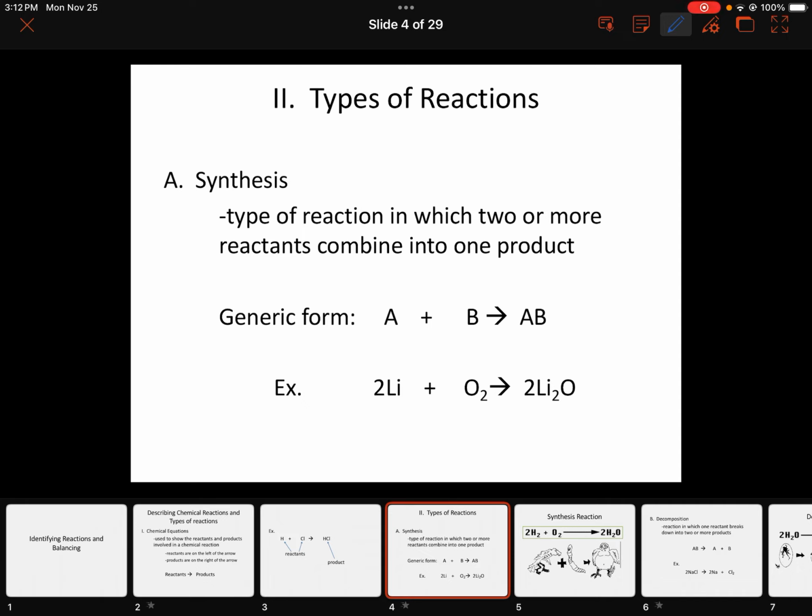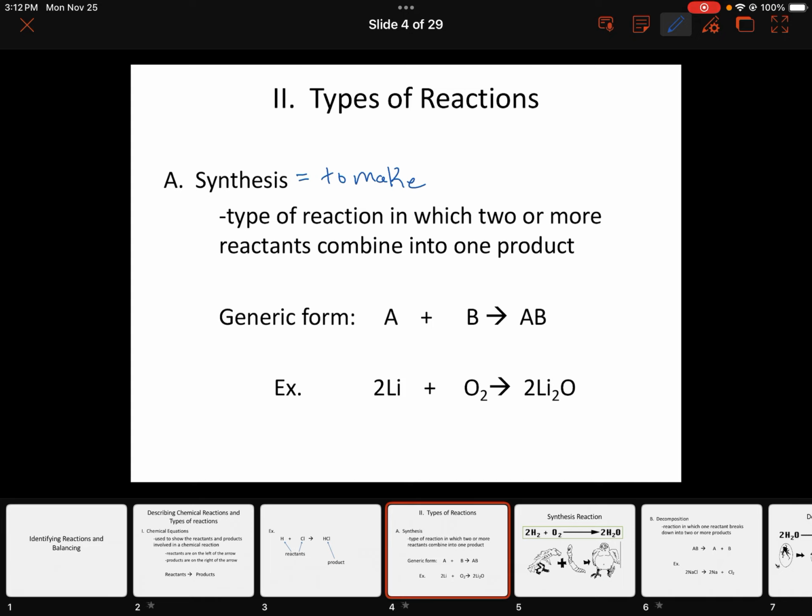The first type of reaction that we will take a look at is a synthesis reaction. And so synthesis simply means to make. In this case, we take 1 or 2 or 3 pieces and add them together.